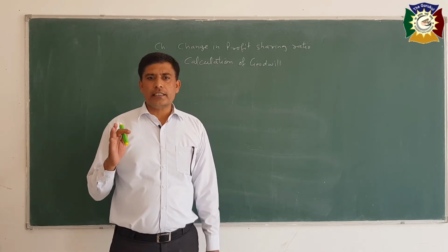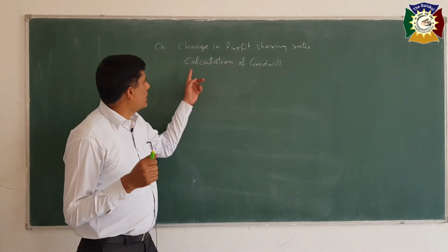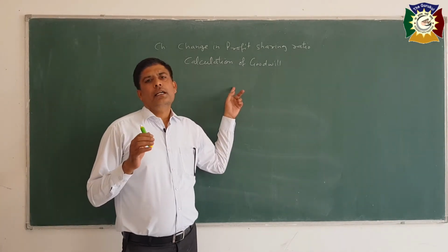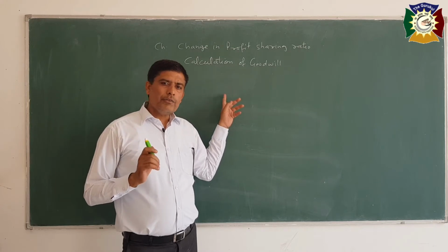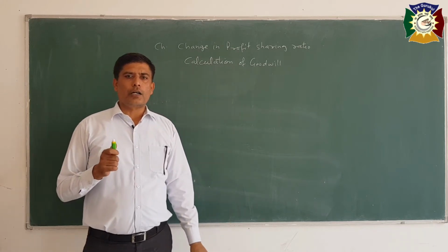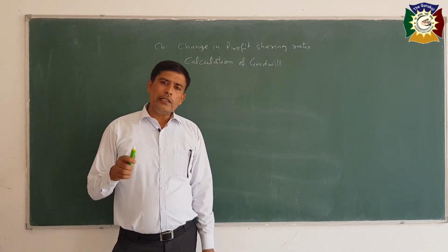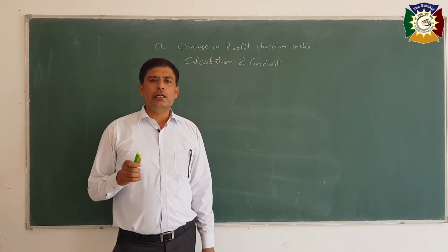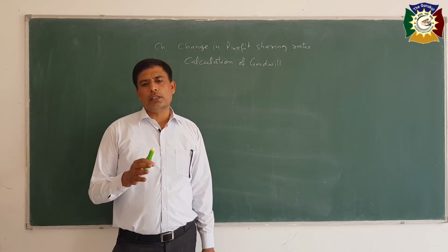Whatever is the case, we have to calculate the goodwill by different methods. And one thing more, whenever we record goodwill in books of accounts, we record only purchased goodwill. Self-generated goodwill is not recorded in books at all.